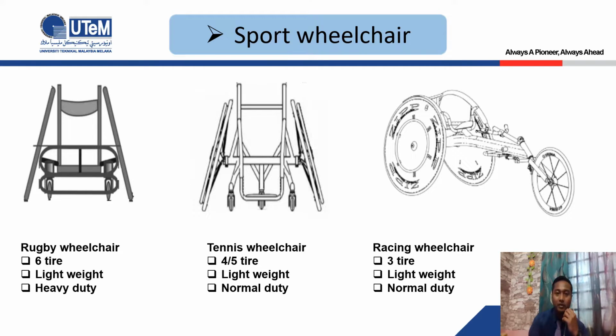This is an example of a sport wheelchair that has been designed specially to the regulation of each sport. There are several differences between each wheelchair according to the sport. For example, a rugby wheelchair has 6 tires compared to a racing wheelchair. The difference is because of what is needed towards the game and the regulation of each game.